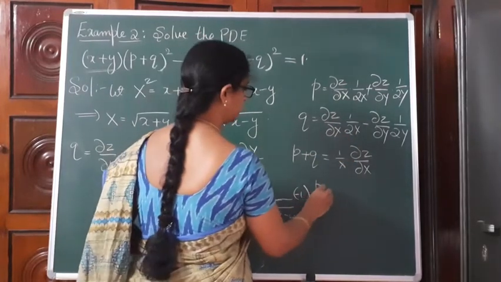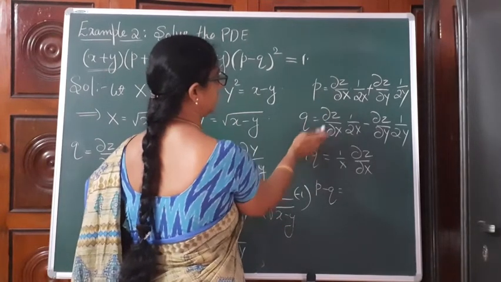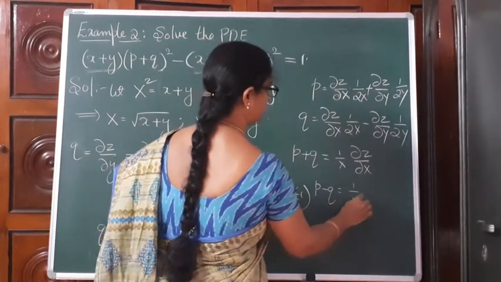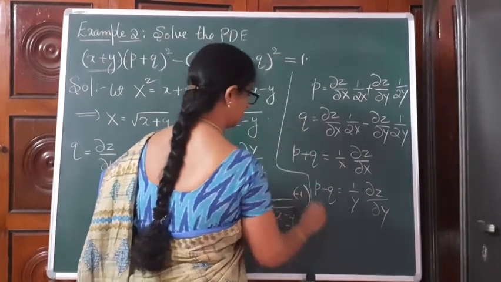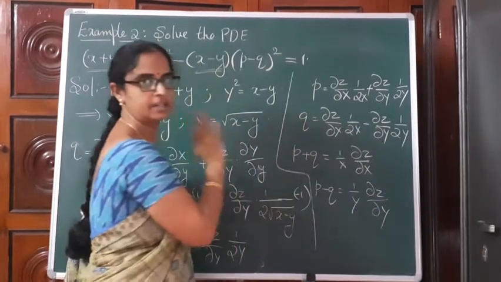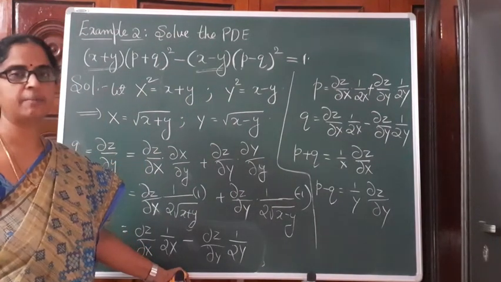Similarly, when we subtract, p minus q, these two terms get cancelled and we get 1 by Y times dou z by dou capital Y. So check these two: p plus q is 1 by X dou z by dou capital X, and p minus q is 1 by Y dou z by dou capital Y.